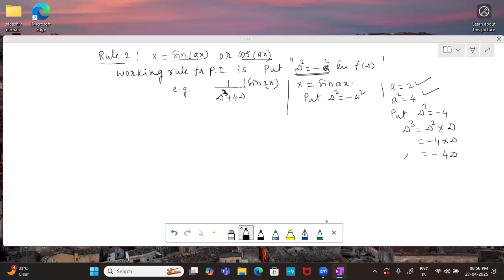Higher powers can be expressed in terms of D: D cube, D raised to 4, D raised to 5, etc. Then this will be 1 upon, just put the value of D cube. D cube is minus 4D. It is minus 4D plus 4D operating on sine 2x. So minus 4D plus 4D is 0. Rule fails.